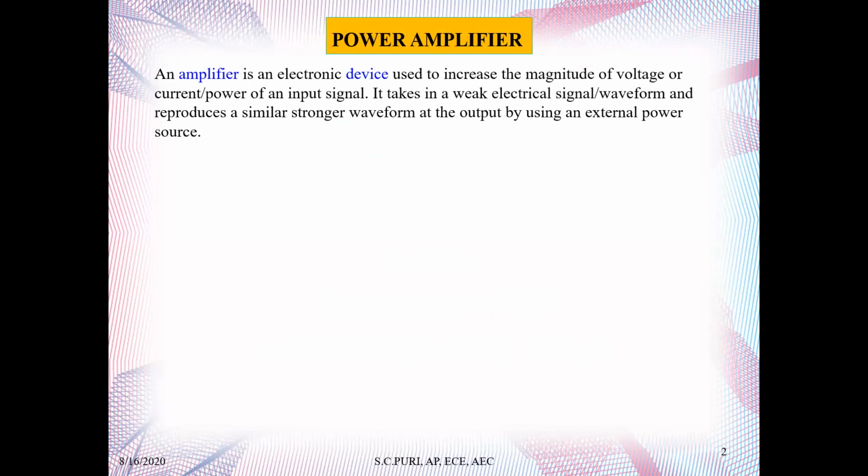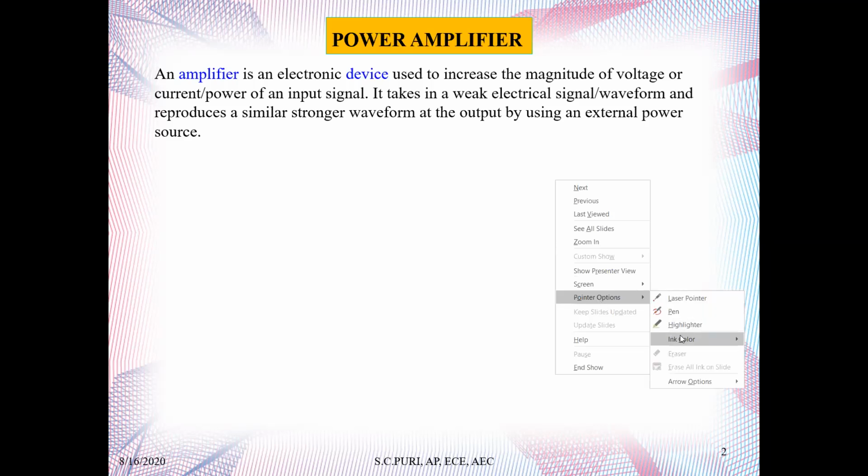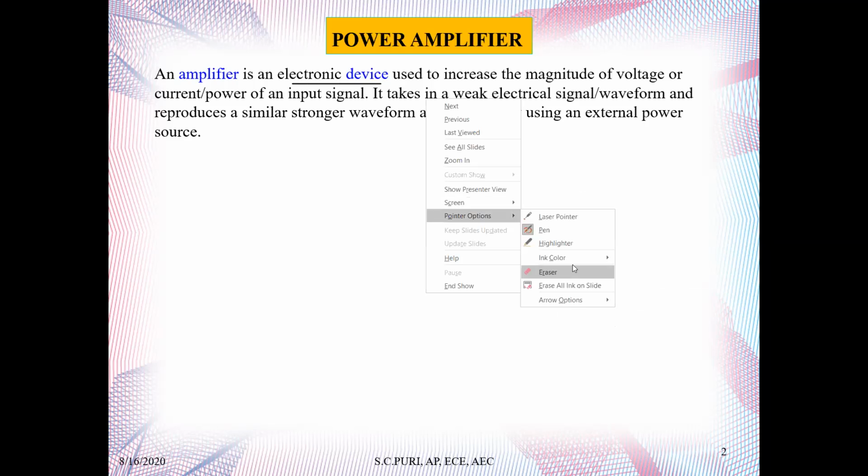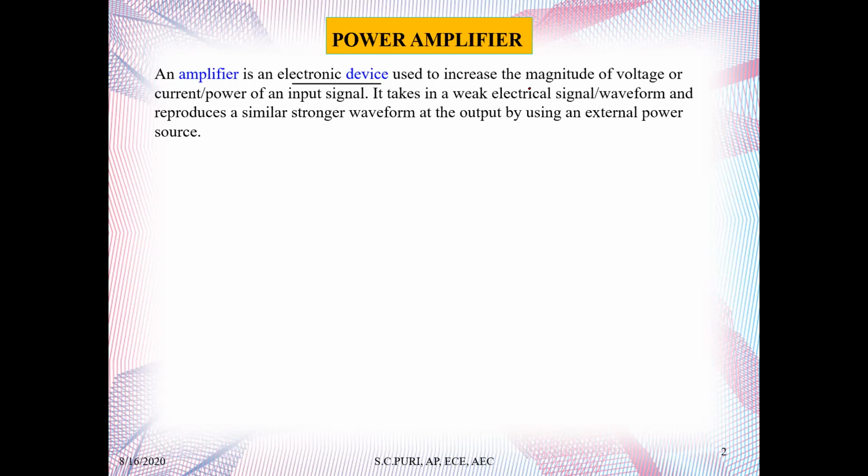But first of all, let us see what is an amplifier. So an amplifier is an electronic device used to increase the magnitude of voltage or current or power of an input signal.